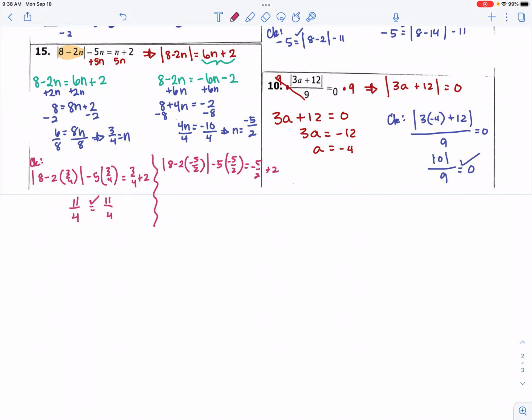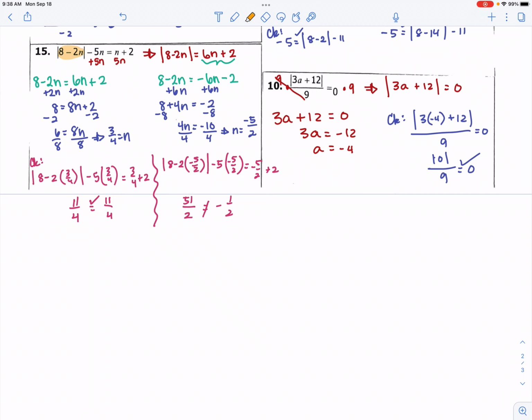Hit enter, and I get 51 halves, or 25.5. On the other side, negative 5 halves plus 2 gives me negative 1/2. That is not the same.